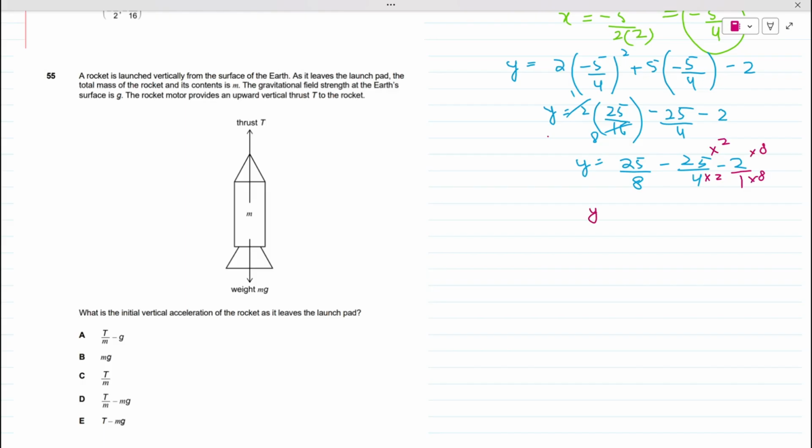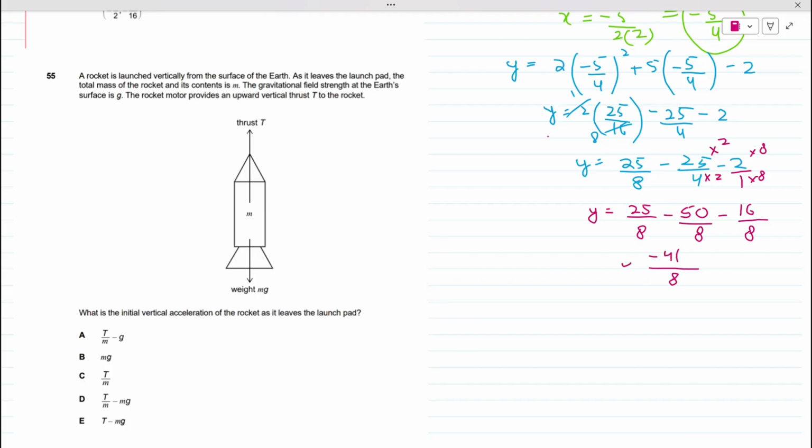So y equals 25 by 8 minus 25 into 2 is 50, so 50 by 8, minus 2 into 8 is 16 by 8. Now since the denominator is the same, you can simplify it. So 25 minus 50 is minus 25, and minus 25 minus 16 is minus 41, right?